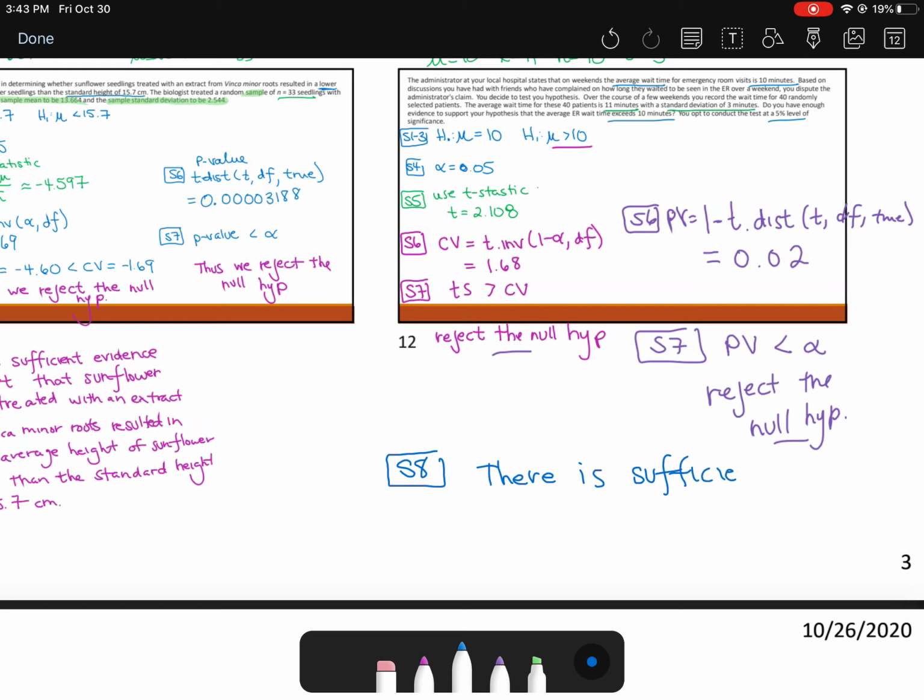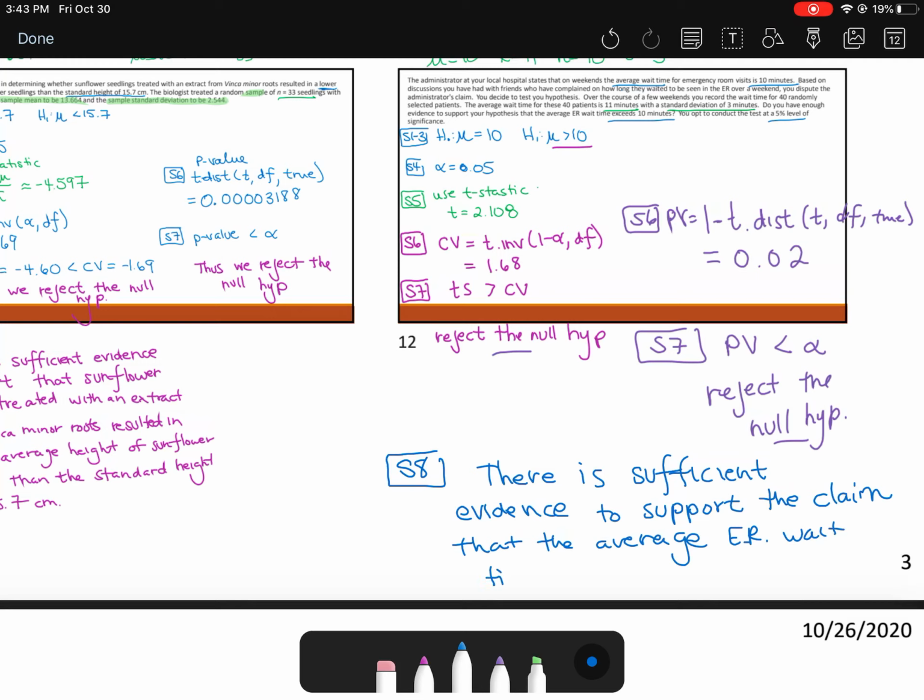So since we're rejecting it, that means there is sufficient evidence that the average ER wait time exceeds 10 minutes.